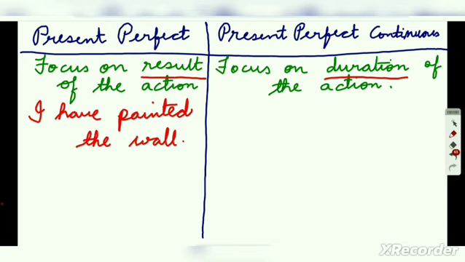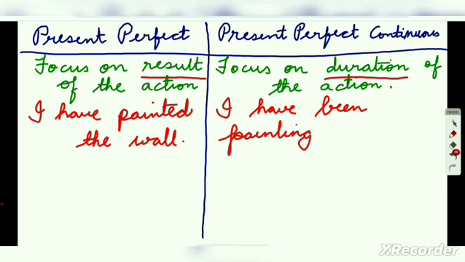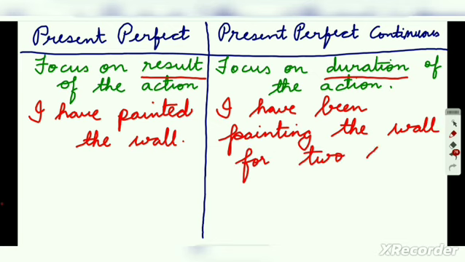Now, when it comes to present perfect continuous, I can write the sentence: I have been painting the wall for 2 hours. Here, the focus is on the duration.